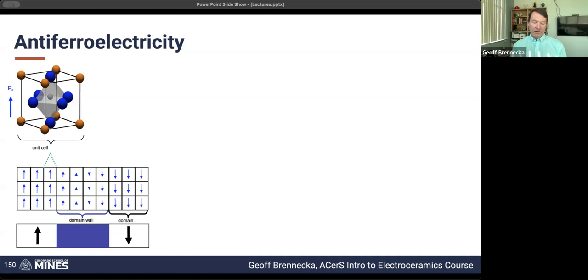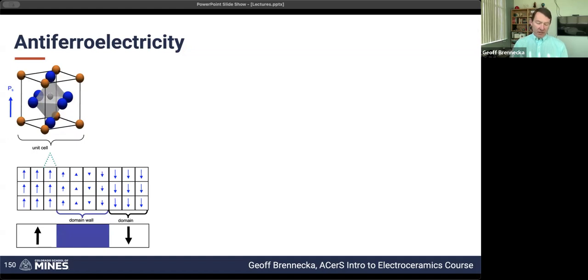And at some point there's a large enough field built up when you have enough of those dipoles smashed together that you end up with a domain wall. And so that's the basis of ferroelectricity. Anti-ferroelectricity, one way to look at it is just imagining that the size of this domain wall and the energetic cost of that domain wall is essentially zero.